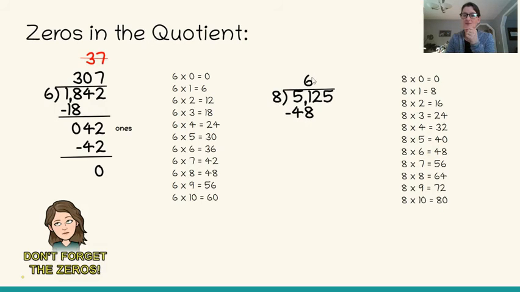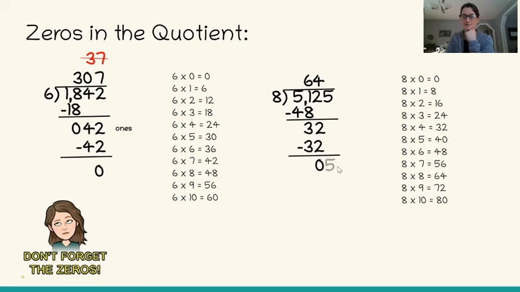So I've divided, I've multiplied. Now I'm going to subtract to get the difference. I'm left with 3. Remember, now we bring down. So I'm going to bring down the 2 from the tens. I'm working in tens, 32 tens. 32 divided by 8 is 4. Okay, 8 times 4 is 32. We subtract, we're left with 0.